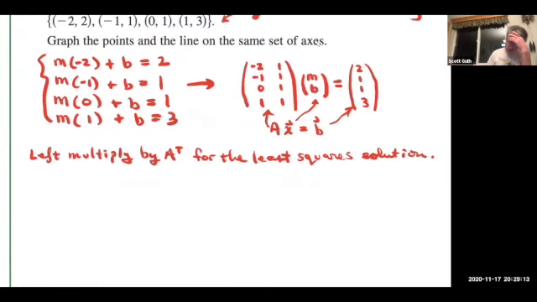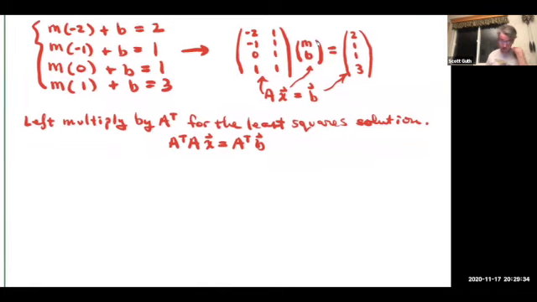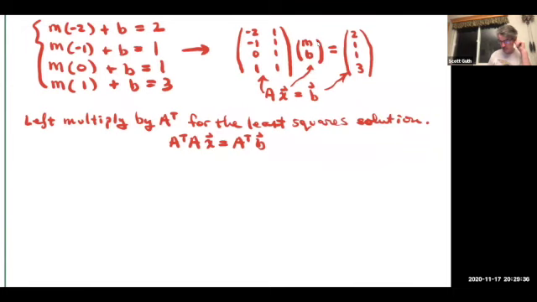So that is, you would do A transpose A X equals A transpose B. So it's just the weirdest thing in vector algebra, that when a system of equations doesn't have a solution, you just left multiply by the transpose of the coefficient matrix, and that'll be a solvable system.